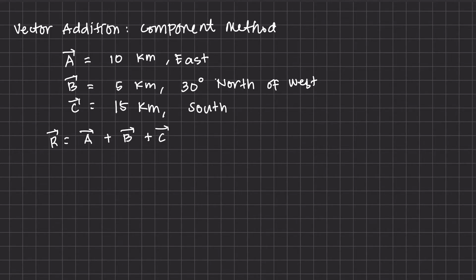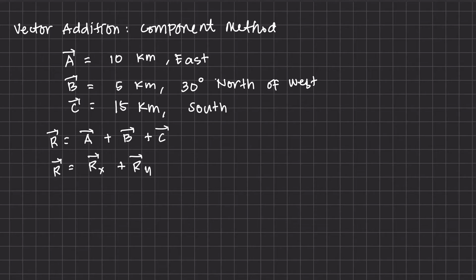You also have X, Y, and Z components. But this time, our vectors A, B, and C are just two-dimensional. So meaning to say, our vector R will have X component and will also have Y component.